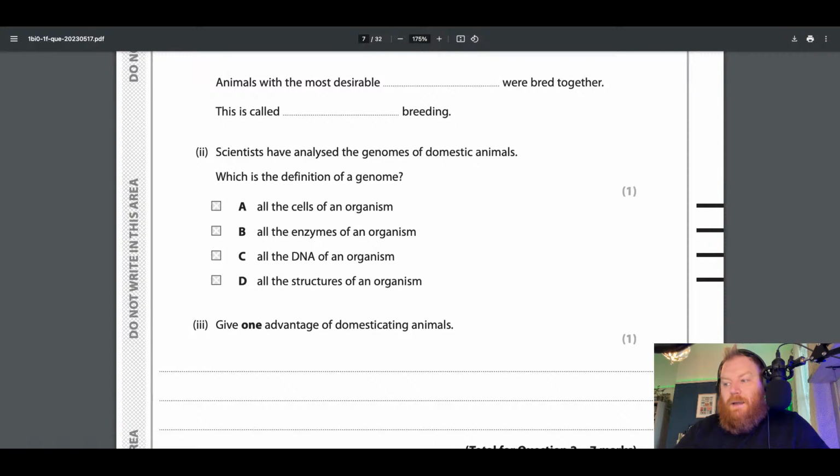So when we're looking at what a genome is, the project's full name is actually the Human Genome Project, which was the original project, and it's where we mapped out all the DNA of the human organism. So for this particular question, we'd be looking at the answer C, all of the DNA of an organism.